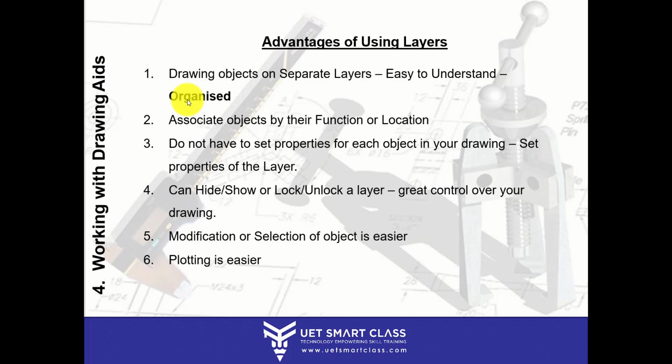Or if you want to send someone a particular PDF for only the furniture part or only the ceiling part, you can work accordingly without opening different drawing sheets or using different files, copy pasting in the other file and doing it.